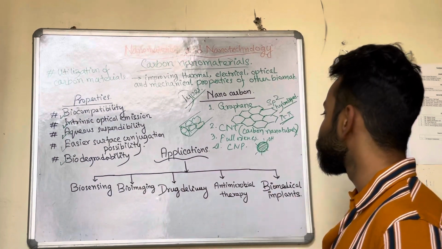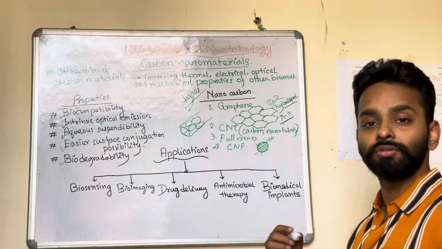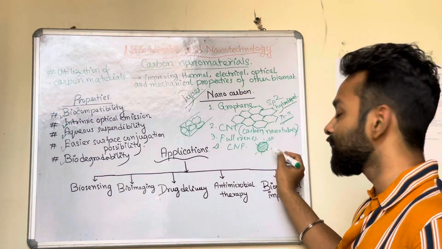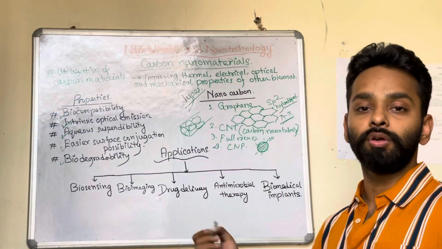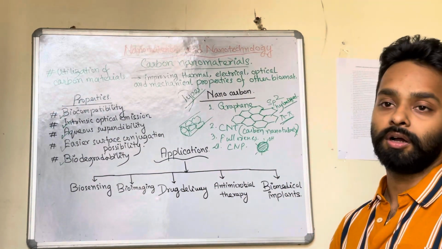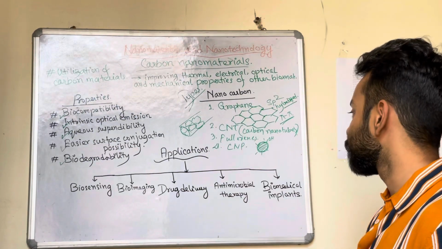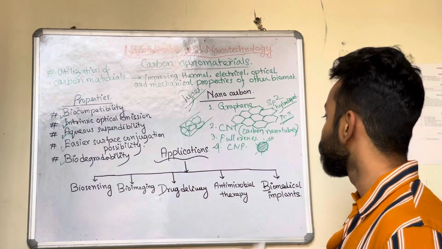Now, these groups make surface conjugation or surface modification possible, as we have just discussed, which makes these essential candidates for loading different molecules, for probes for imaging and for drug delivery applications, and many others in the fields of the therapeutic sector.